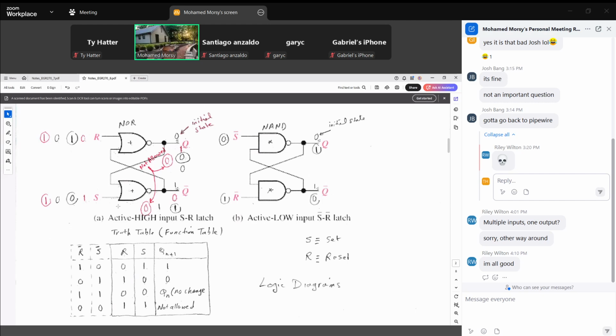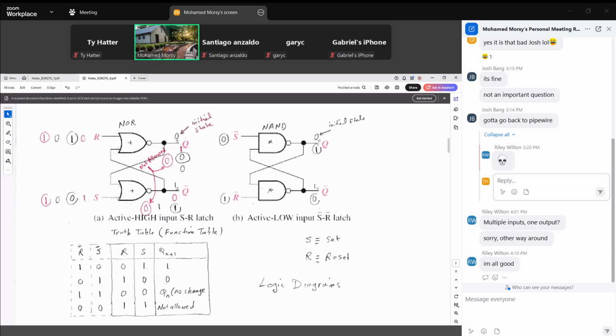Just to confirm, we assume S is 0 and R is 1, like the black bits in the circuit. Initial state is 0, so Q is 0 and Q inverted is 1.